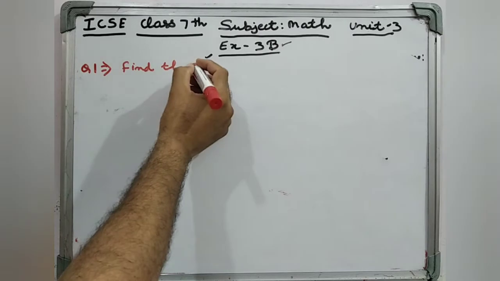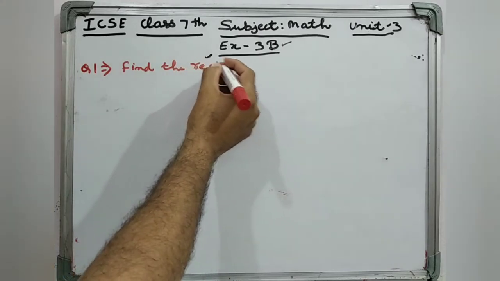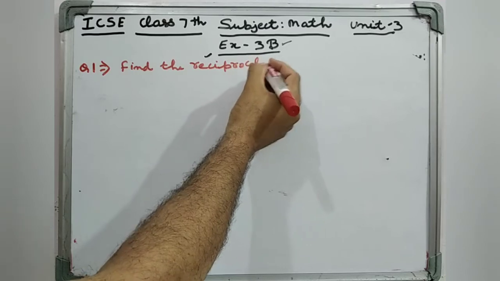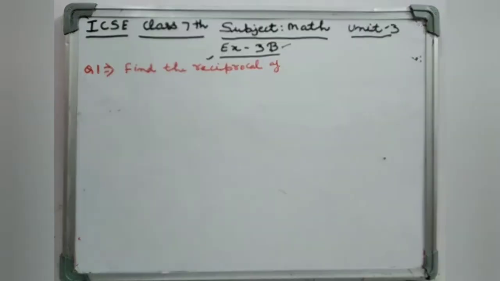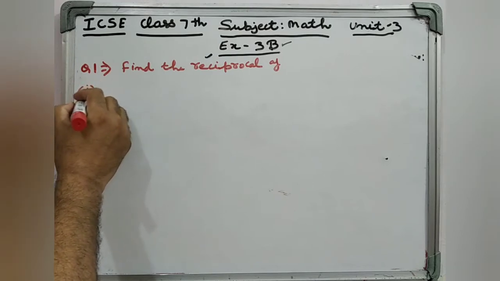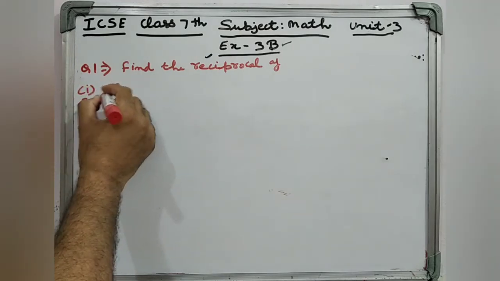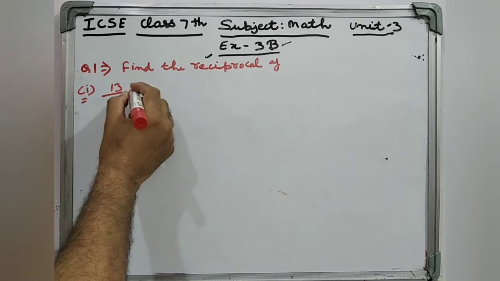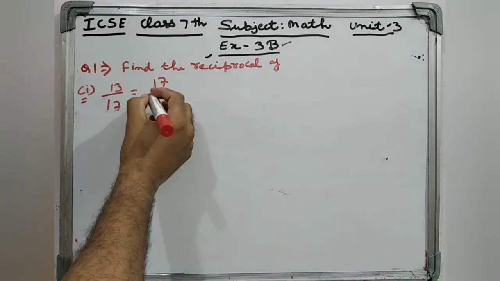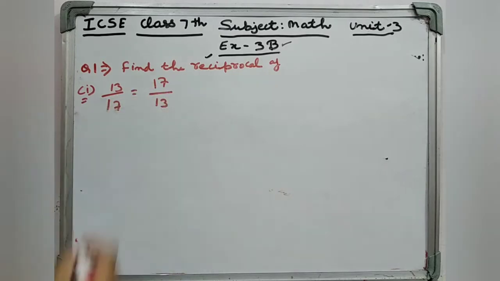First is 13 upon 7, so its reciprocal, I have told you earlier, numerator becomes denominator, denominator becomes numerator, so this will be its reciprocal. Second is easy.